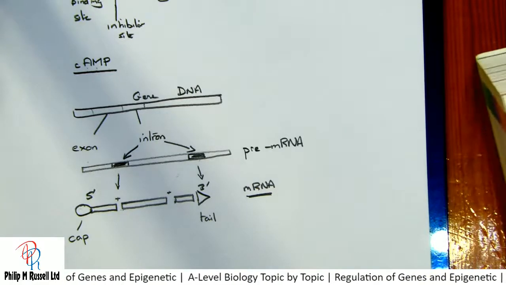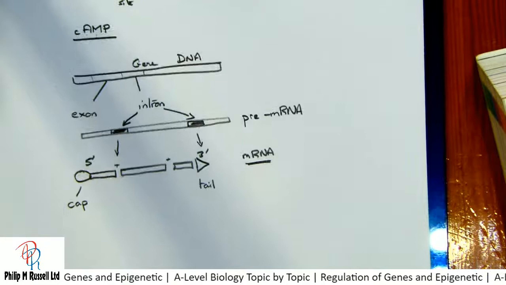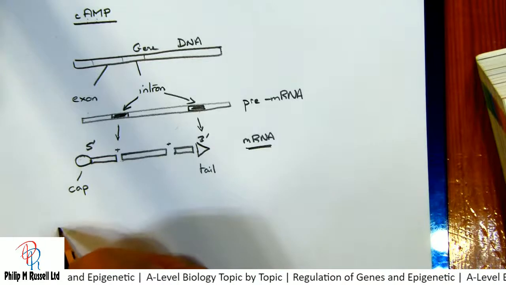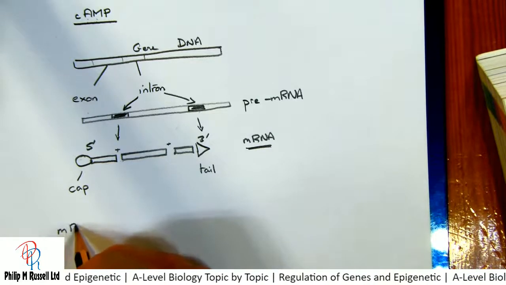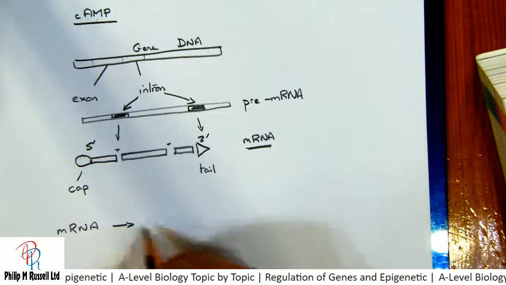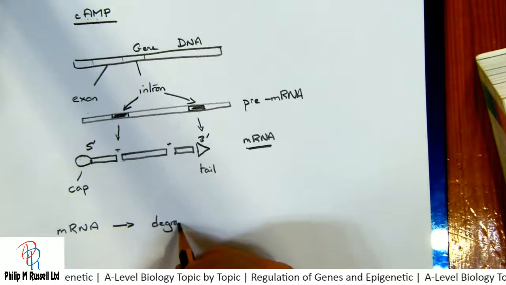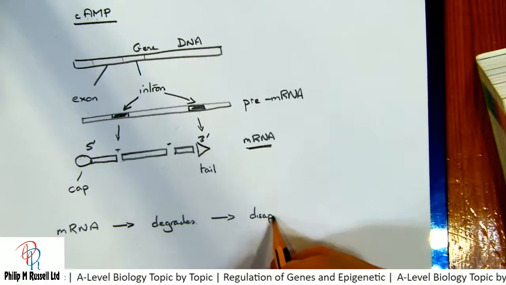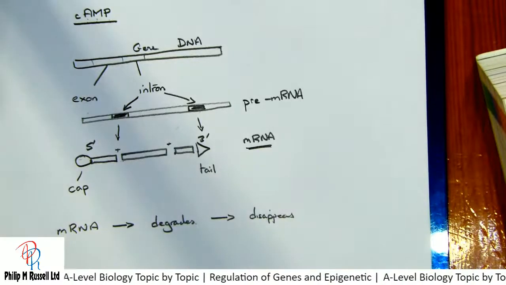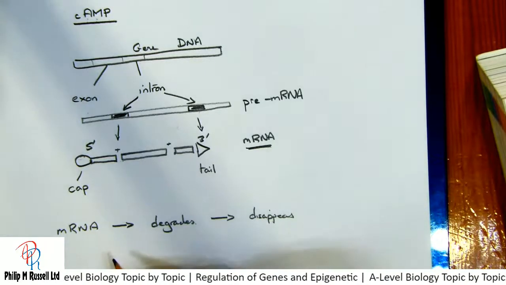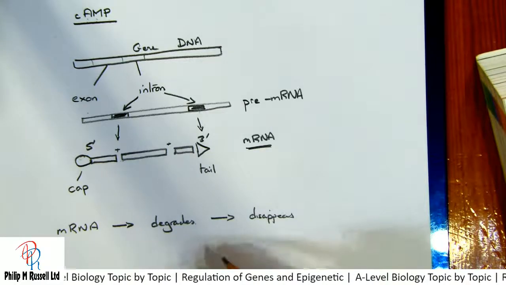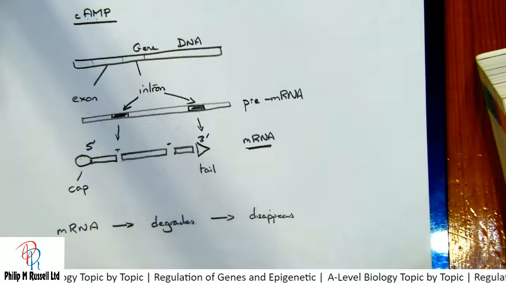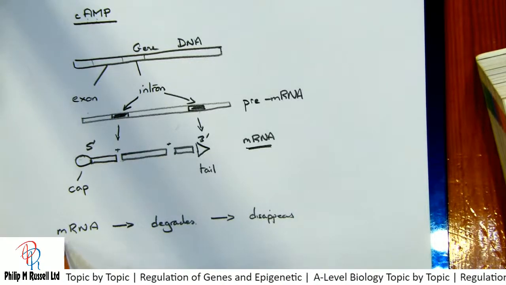So one of the things that's not really well covered when I look at some of this is the fact that, left to its own devices, mRNA basically degrades outside the nucleus, and basically it just disappears. It's broken down into its constituent parts, which can be reused over and over again. This is useful because a cell doesn't want to keep producing this protein all the time.